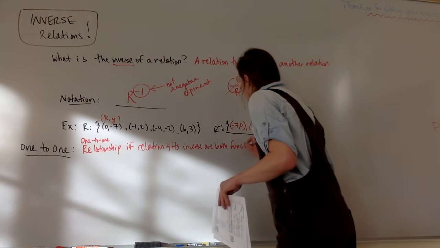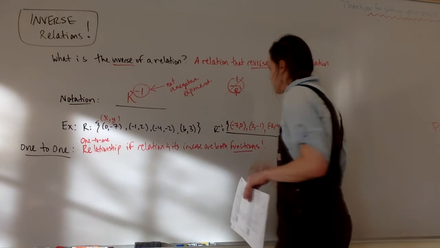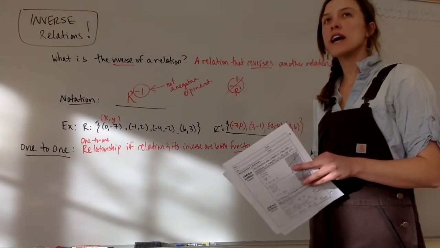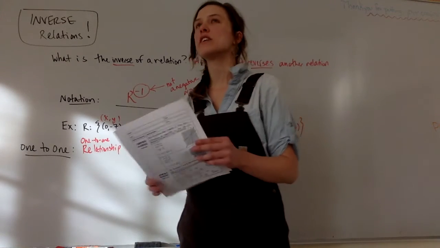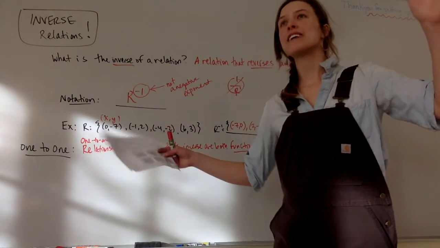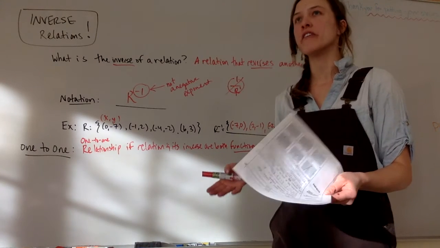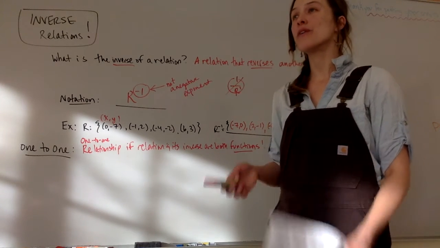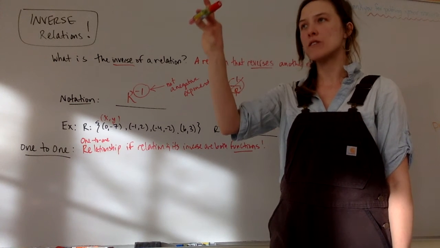And what is that test that I use to figure out if something's a function? Vertical line test. So with this one, because as you'll see graphically, they're going to reflect each other, I'm now going to use something called the horizontal line test. So not only does it have to pass the vertical line test, but now it also has to pass the horizontal line test.